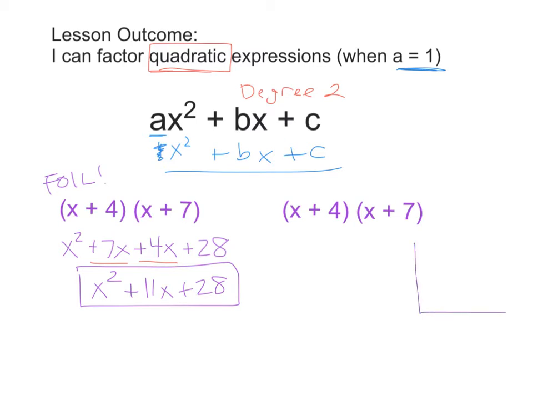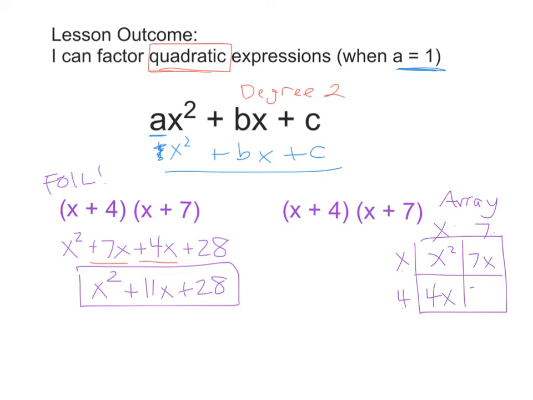The same thing could have been done over here in our other method, the array. Okay, and again, doesn't matter which of these you use. And if we take the x and the 4 here, and then the x and the 7 here, and we multiply, x times x gives me x squared. And then x times 7 gives me 7x. 4 times x gives me 4x.